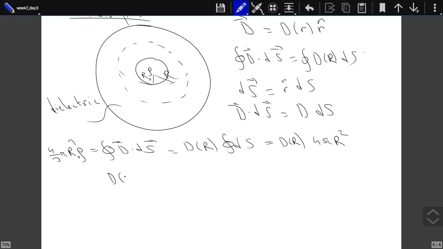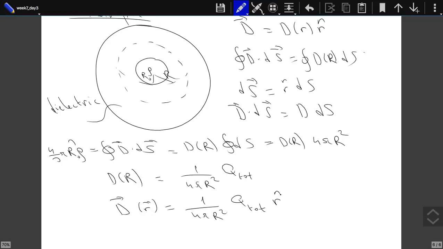And hence D(r), the displacement field at a distance r from the center, is just 1 over 4 pi r squared times Q total, the total charge, in the r hat direction, if r is larger than R0. And we are done. This is the displacement field.